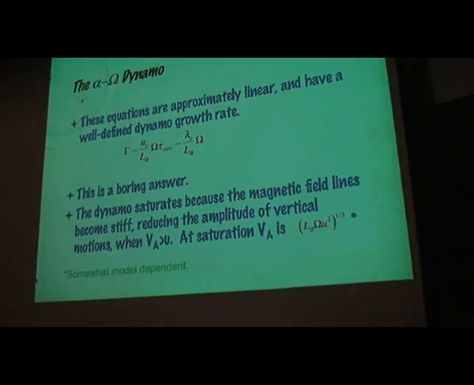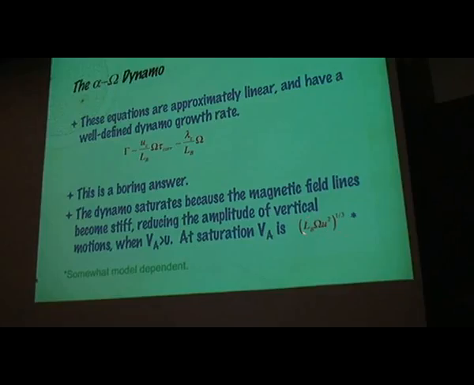And I said something earlier, speaking to Kandu, which I realized is not quite right. What saturation this corresponds to is somewhat model dependent. There are various ways of getting the answer depending on where you think the dissipative mechanisms are coming from.